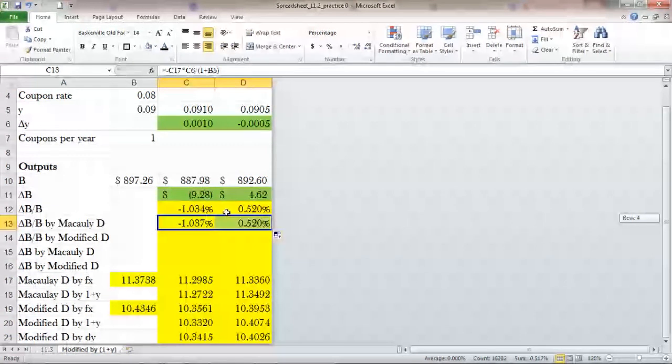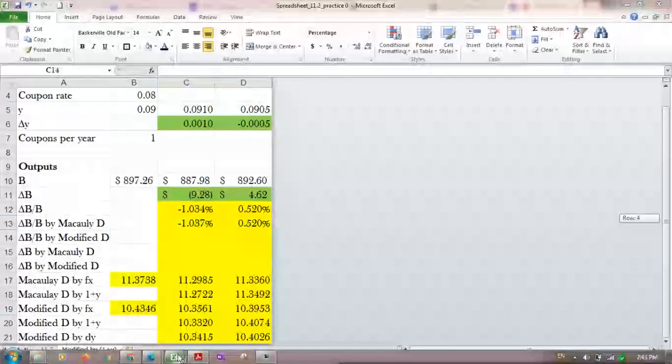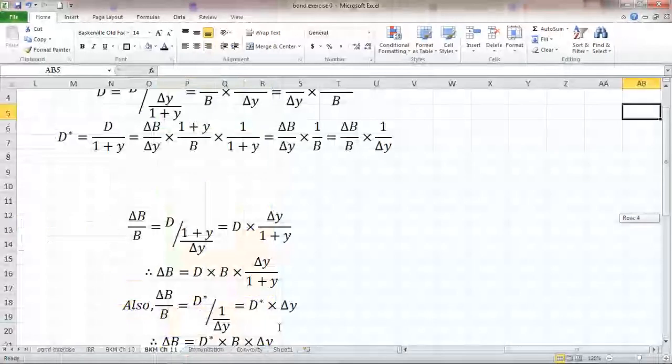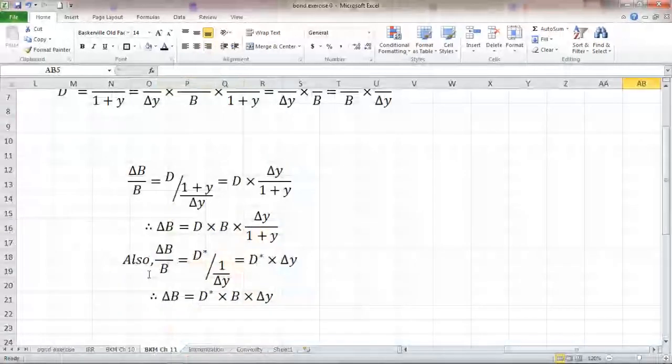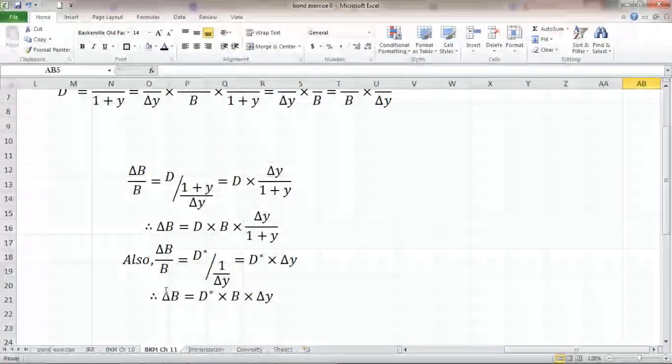And then what about the change in price by modified duration? Percentage change in price by modified duration is modified duration times change in y.